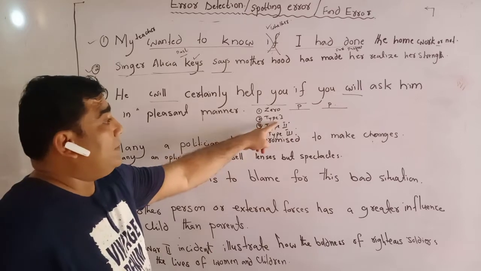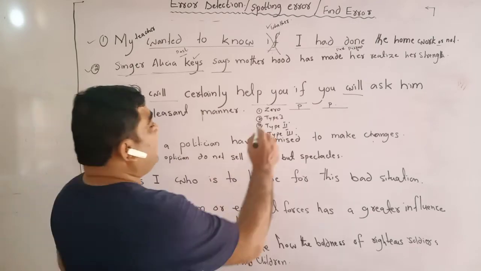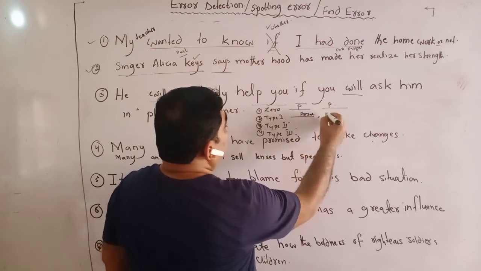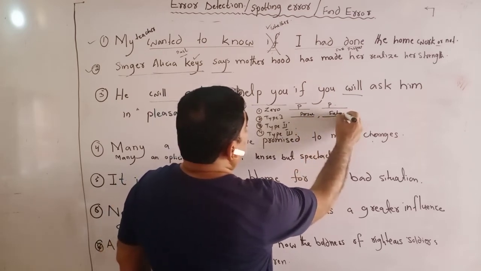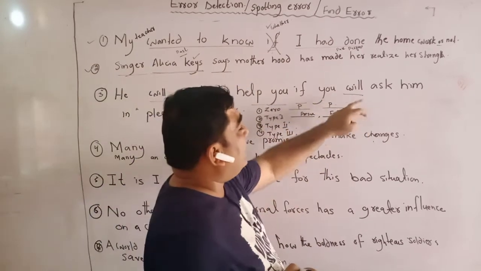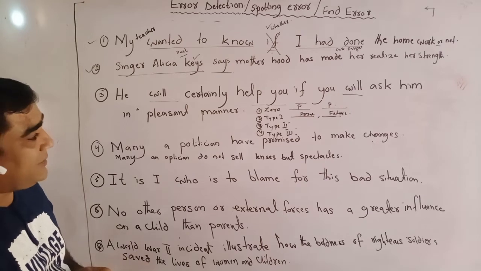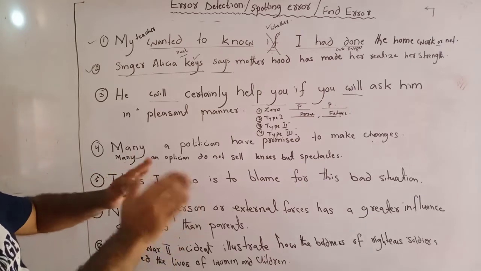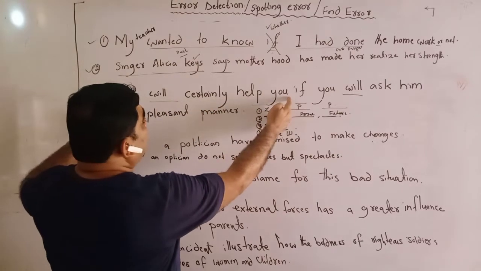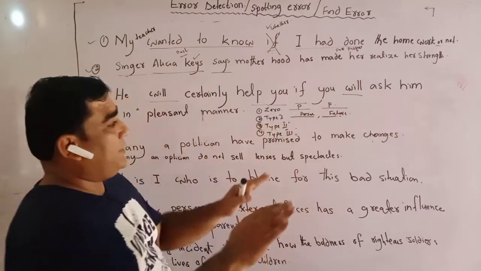In type 1, I told you, possibility and probability, the if clause would be in present, then the main clause would be in future. See here, will and will are both written in future. Then we have to see which one is the if clause and which one is the main clause. He will certainly help you is the main clause. If you will ask him in a pleasant manner is the if clause.